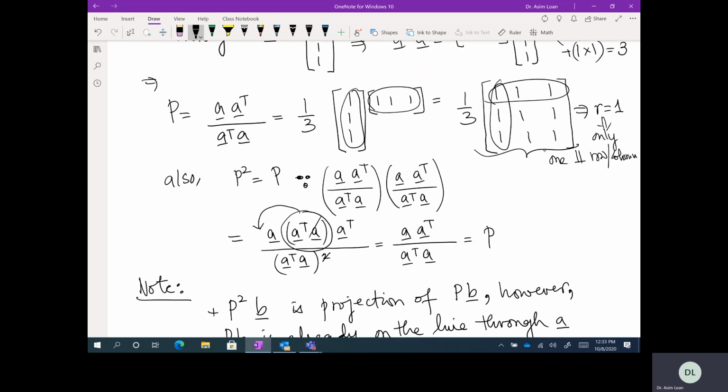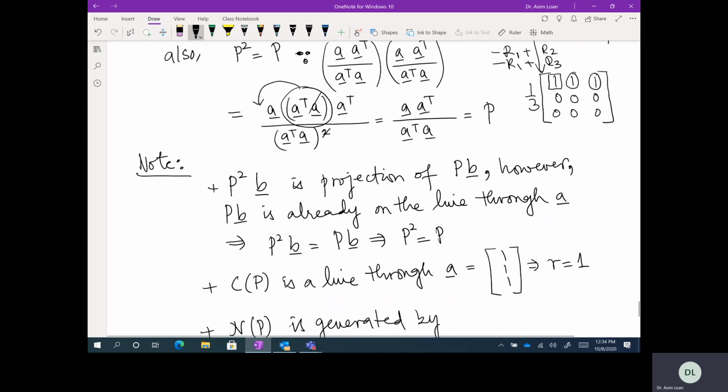So I can take this one and I can do minus row 1 plus row 2, and I can do minus row 1 plus row 3. If I do that, I'll get 1 over 3 outside, 1, 1, 1, and I'll get 0, 0, 0, 0, 0, 0. So this is my pivot. These are my free variables.